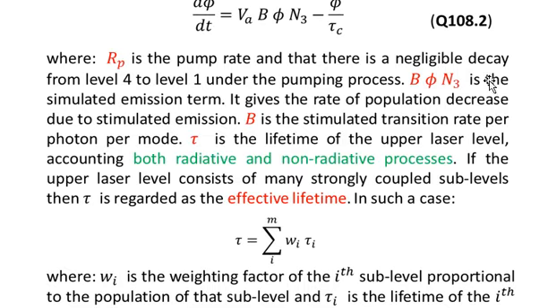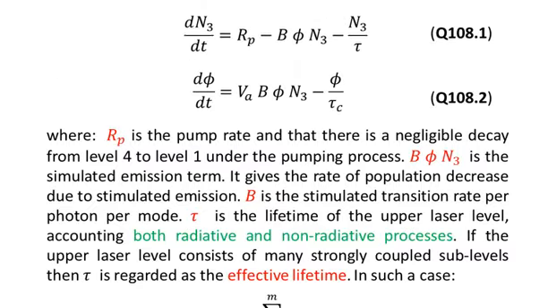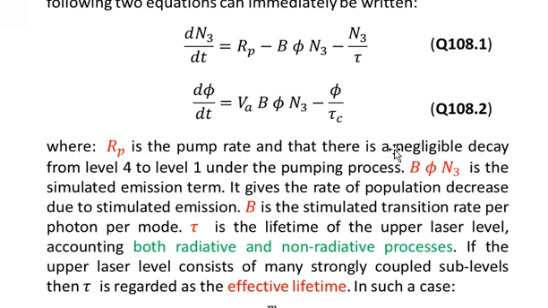B phi N3 is present as a whole on the right hand side in equation number 1, and also in equation number 2, but multiplied by Va there. So B phi N3 is the stimulated emission term. It gives the rate of population decrease due to stimulated emission.